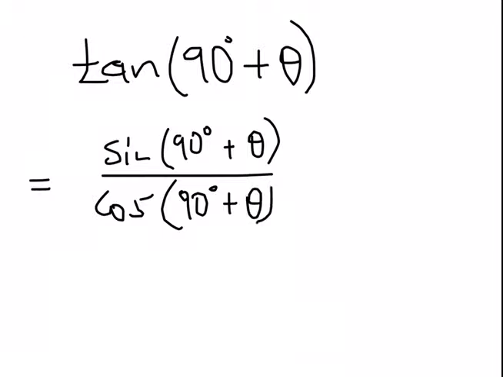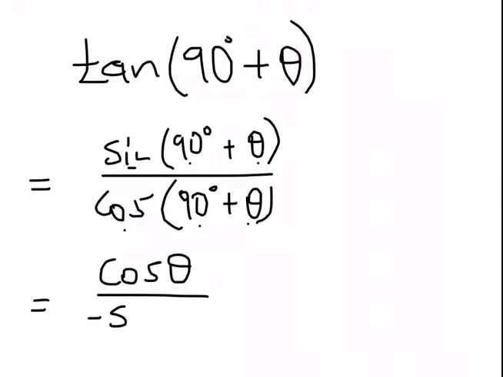Can you see now? You just do what you know. 90 plus, which quadrant? It is the second quadrant. But remember, it has to change. It becomes positive because sine in the second quadrant is positive, then over 90 plus second quadrant again, but cos is negative in the second quadrant.